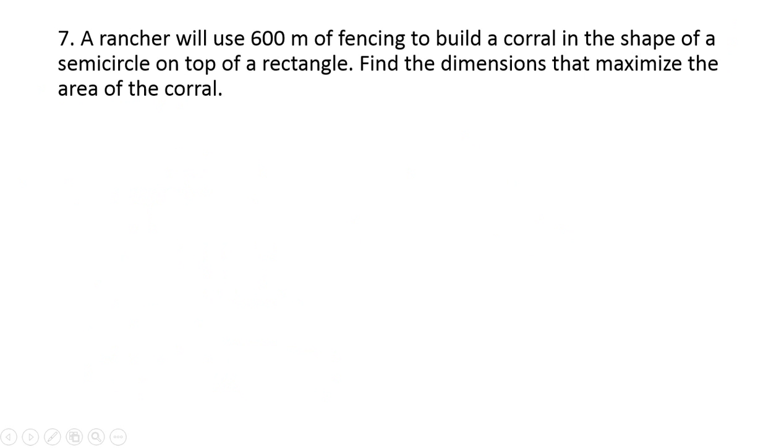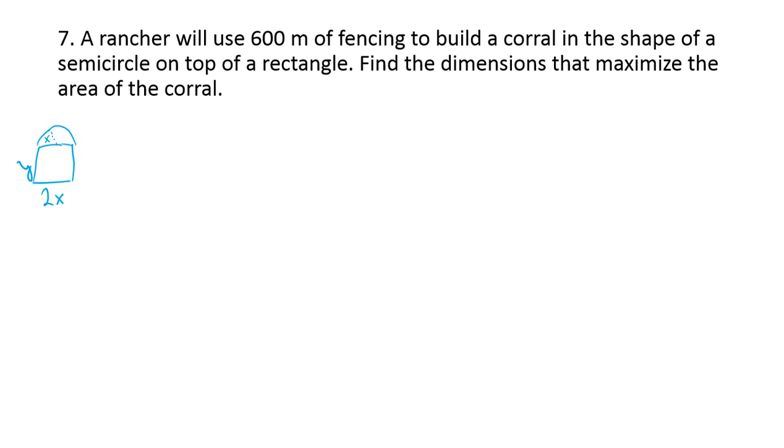Alright, so now this one with the rancher, where he has his cattle in a corral that looks like this. What we're going to do is label one side as y and the other side as 2x. And the reason for that is because I want to try to avoid the fraction for the radius.